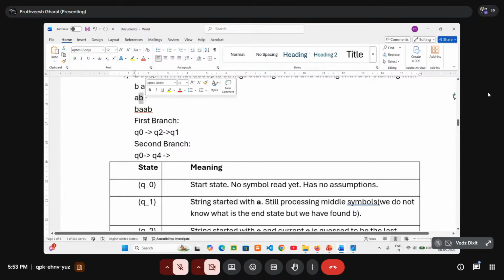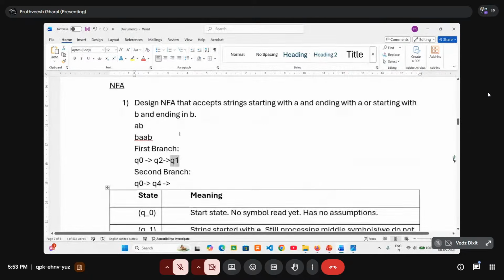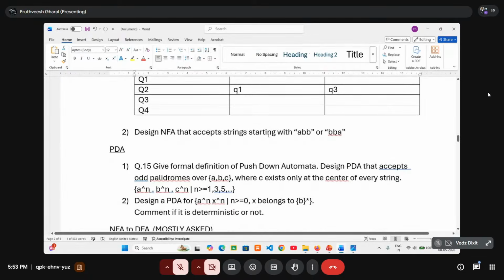Now, if we encounter a B, we end it in Q1. This is where we are going to end it. Based on this, we will define our transition table here.